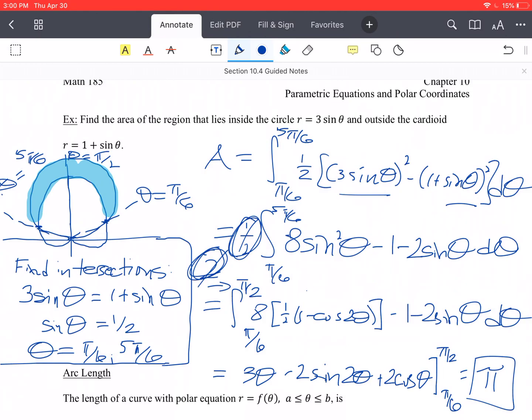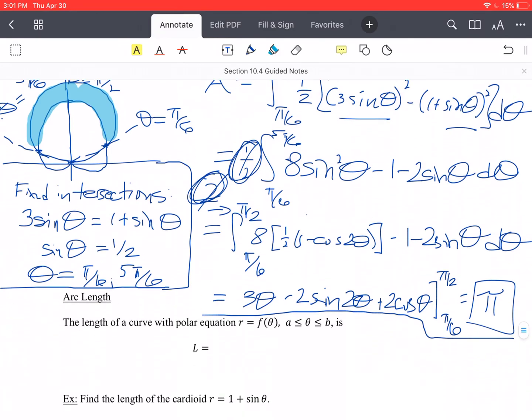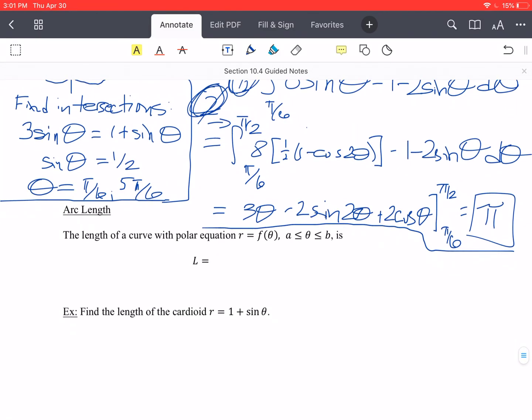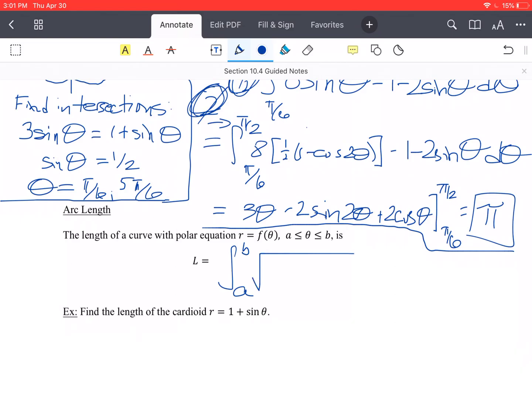Okay, so next up, we're talking about areas. Now we're just going to briefly talk about arc length. So if we want to find the arc length, the length of a curve, with a polar equation instead of a Cartesian equation, then we need to use the formula: the integral from A to B, with theta going from A to B, of the square root of r squared plus dr d theta squared, d theta.